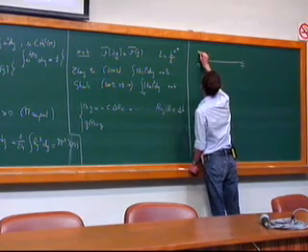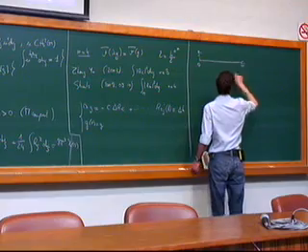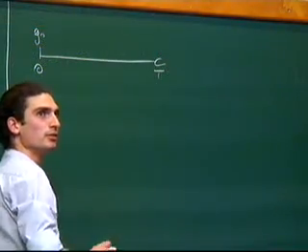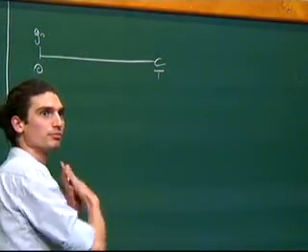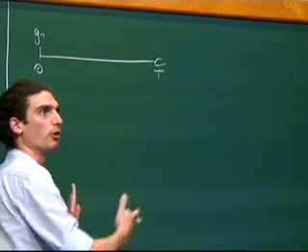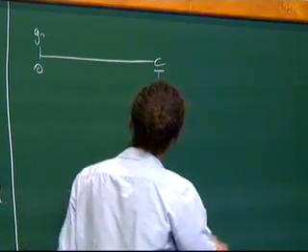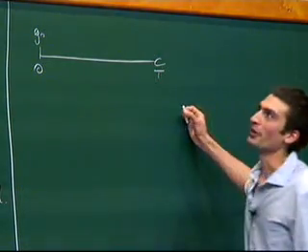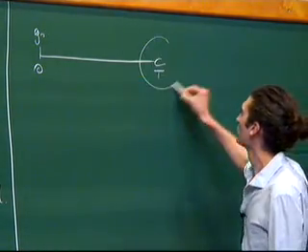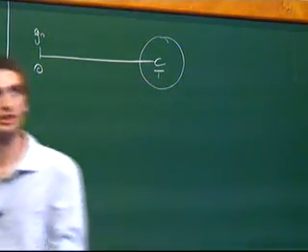So you start from g0, the flow exists, and either it exists for all time or it stops at some finite t, and then you have a singularity. The game is to understand what's happening here when you get a singularity.